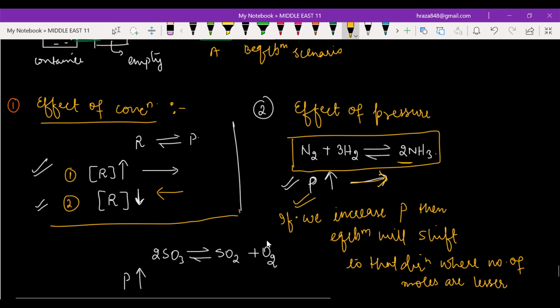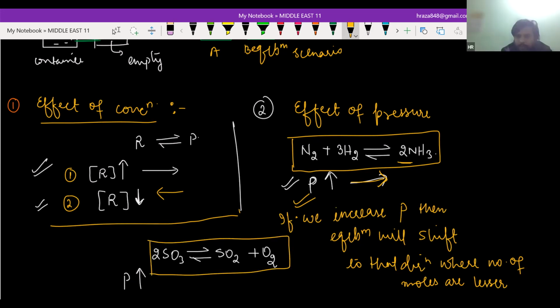Wait a minute. Sir, repeat again. For this reaction, if we are increasing pressure, where will be the direction, left or right? Am I audible clearly, or should I repeat it again? Where are we increasing the pressure, in reactants or in product?